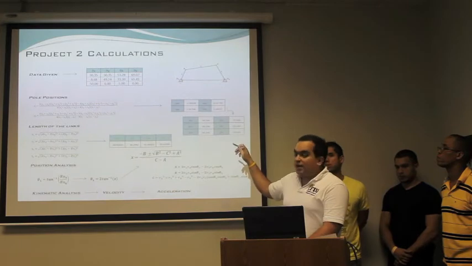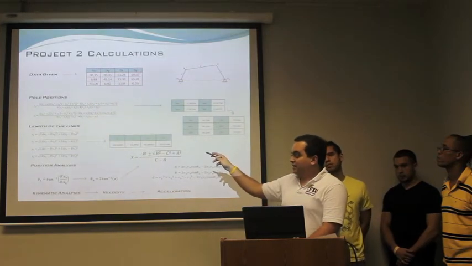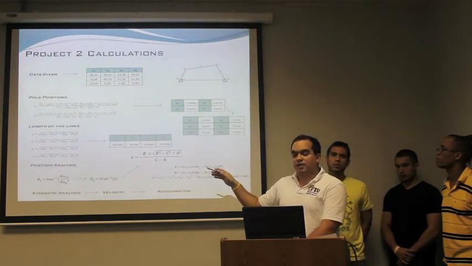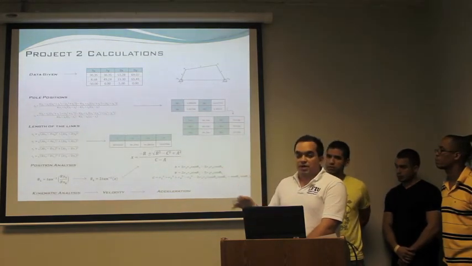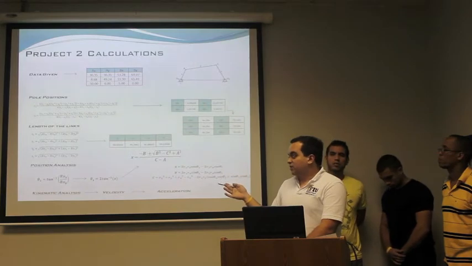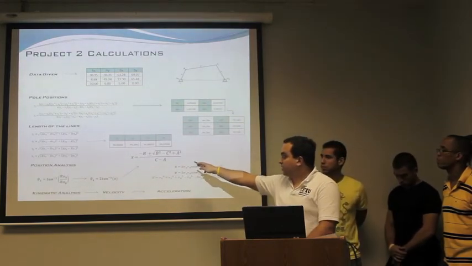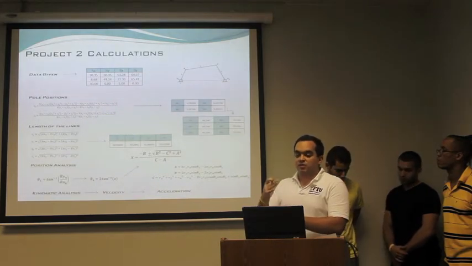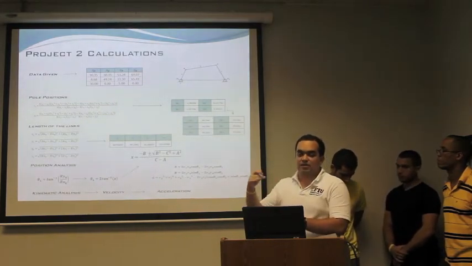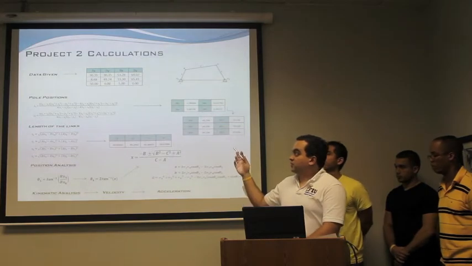Once we proved that and calculated the length of the links, we encountered some problems doing the position analysis, because we were getting an imaginary number when we performed the square root in this formula right here. So we had to perform several calculations, increasing the value of the first position given.